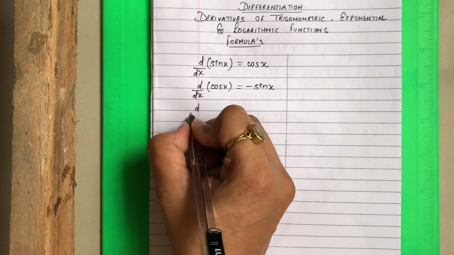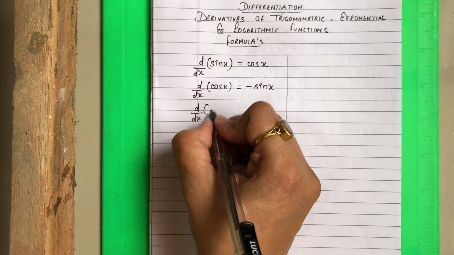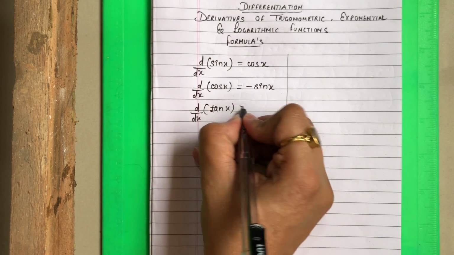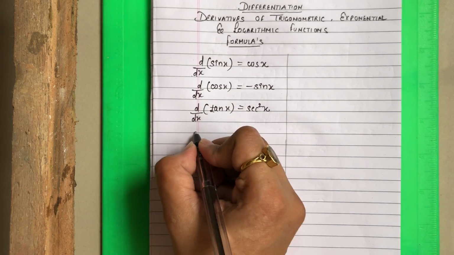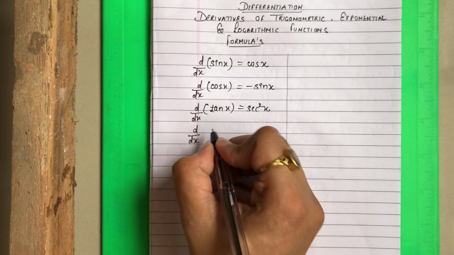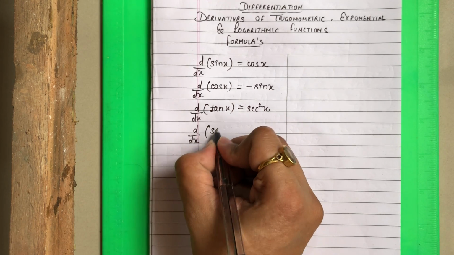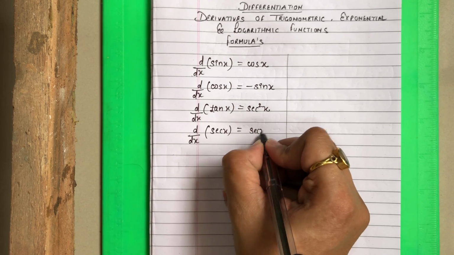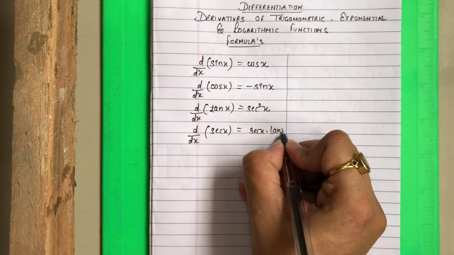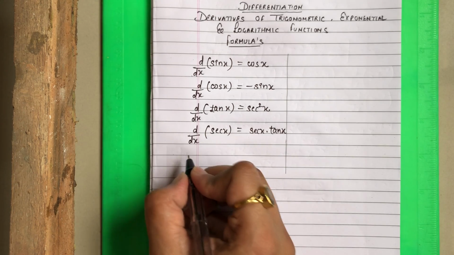Third formula is d by dx of tan x is equal to sec square x. Fourth formula is d by dx of sec x is equal to sec x dot tan x.